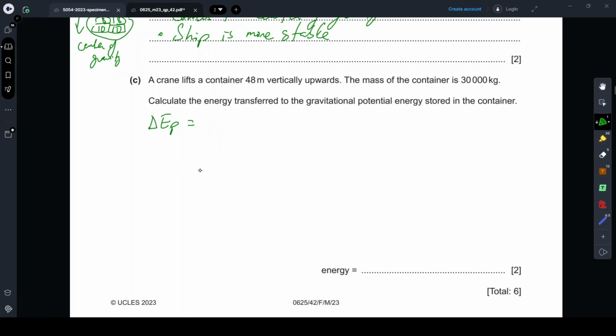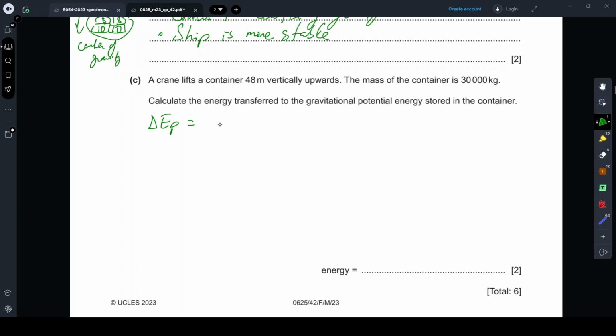So, how are we going to go about solving this? We need to calculate the gravitational potential energy, right?